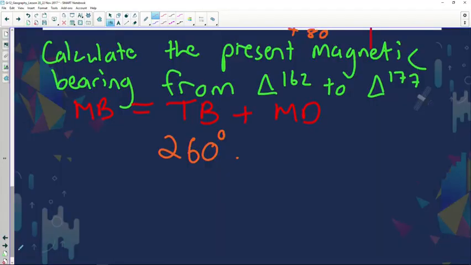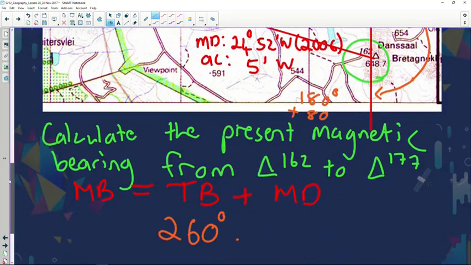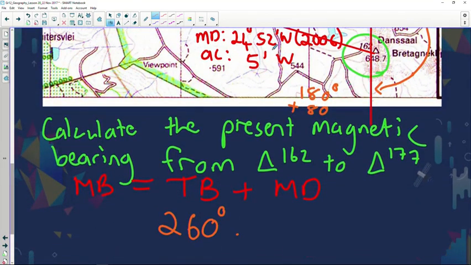So what's left for us? We need to calculate our magnetic declination. If you look at our magnetic declination, it's 24 degrees, 52 minutes west. The annual change is 5 minutes west. We need to calculate the present magnetic bearing.